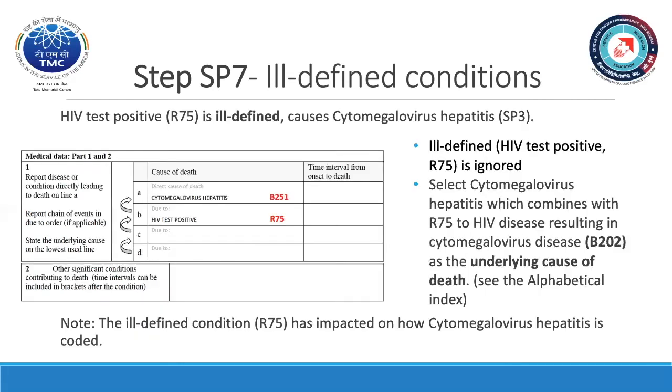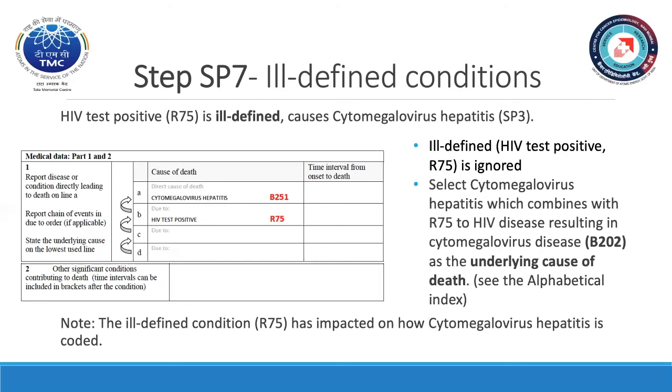In this case, HIV test positive R75 is ill-defined and causes cytomegalovirus hepatitis, SP3. Ill-defined HIV test positive R75 is ignored.